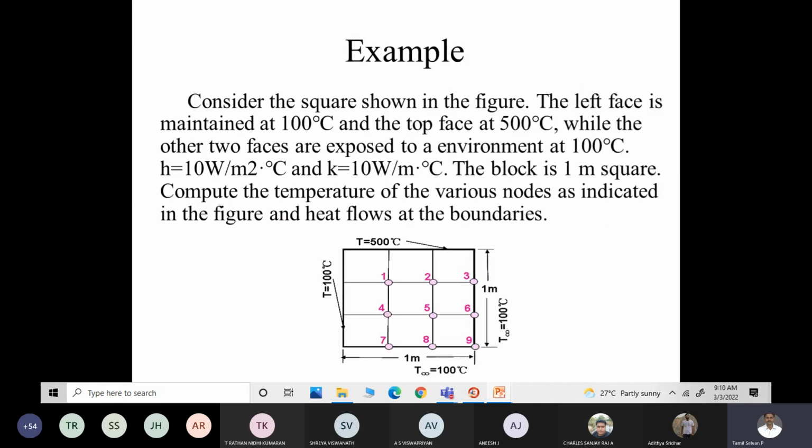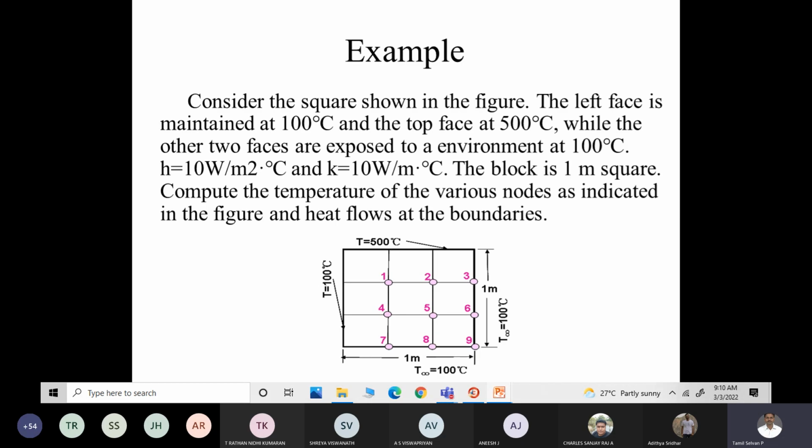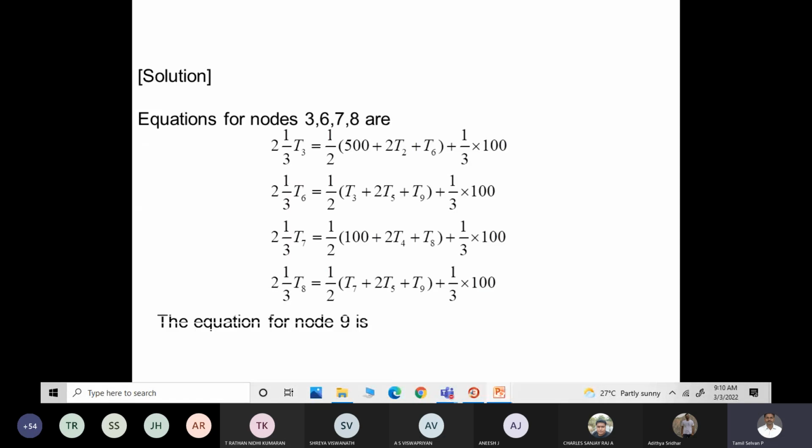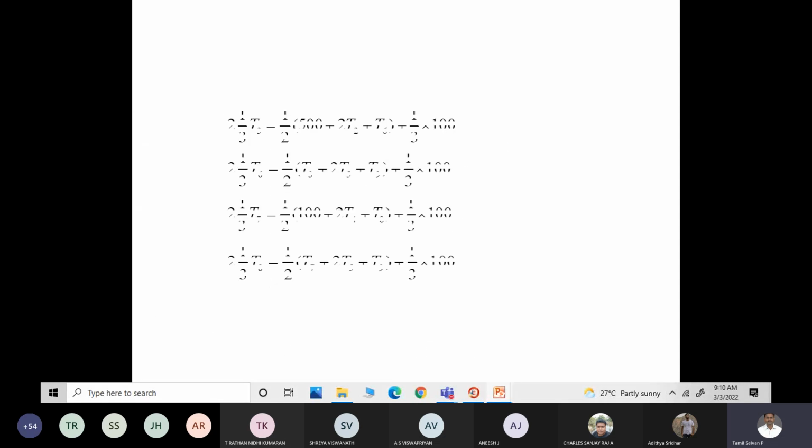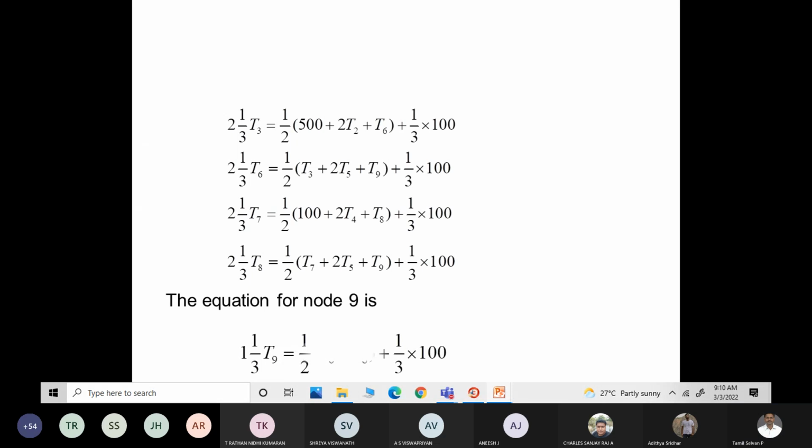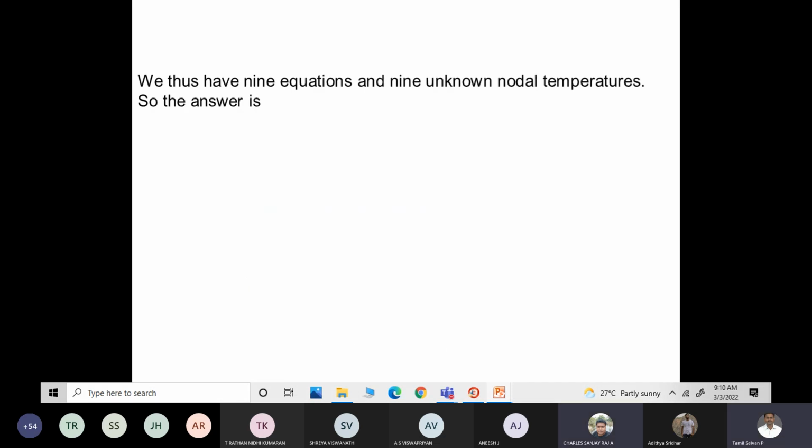Usually a problem will be given like this, and I have already told you, if it is given in the examination, it is very difficult because it requires so many iterations. Am I correct, students? Actually we will be having 9 equations and 9 unknown nodal temperatures.